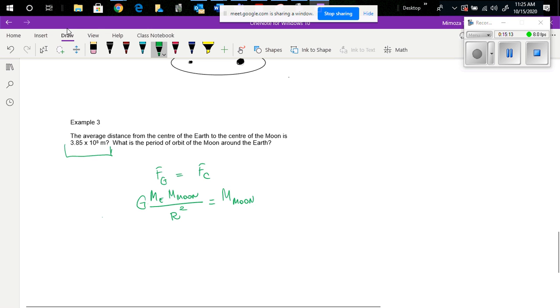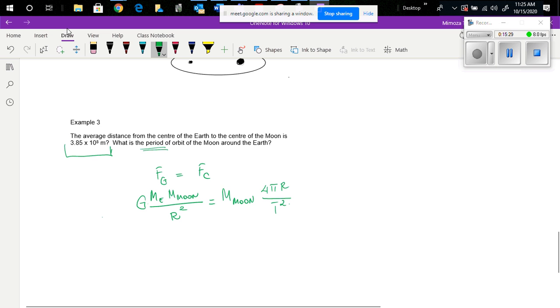Since we are looking for the period, I will write the formula for the centripetal acceleration that includes the period: 4 pi squared r over T squared.